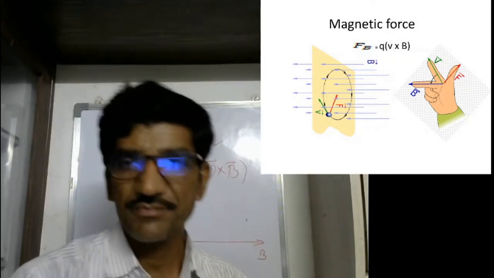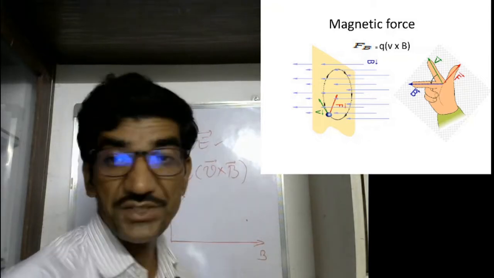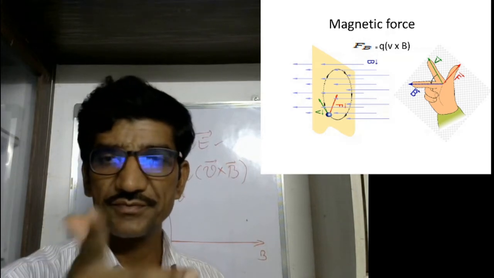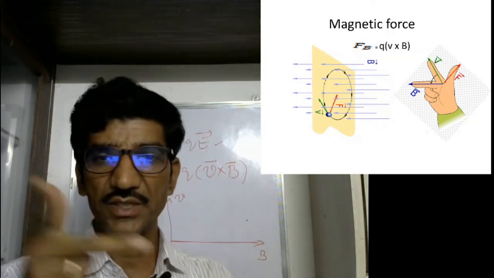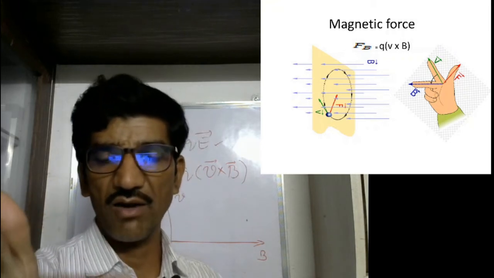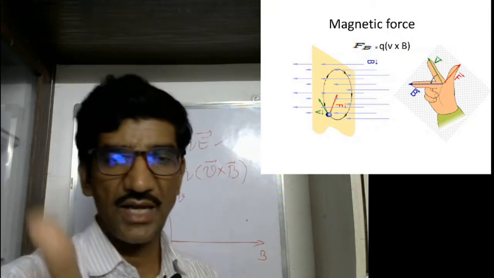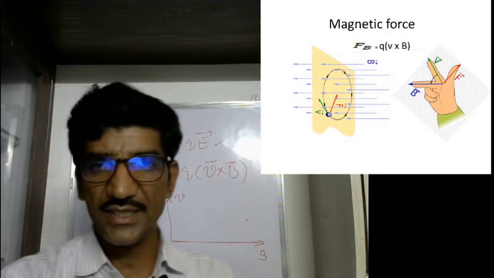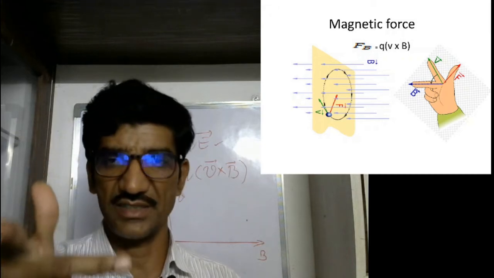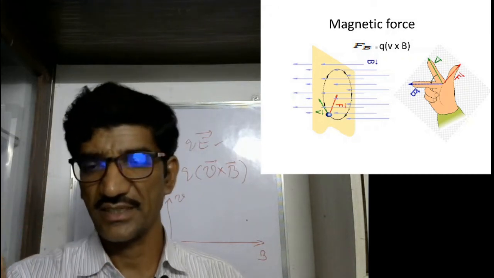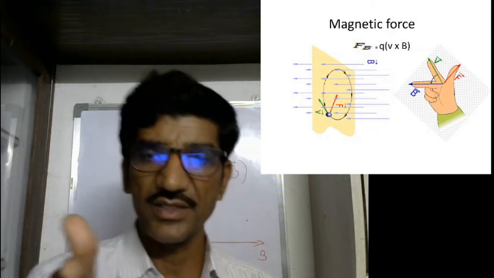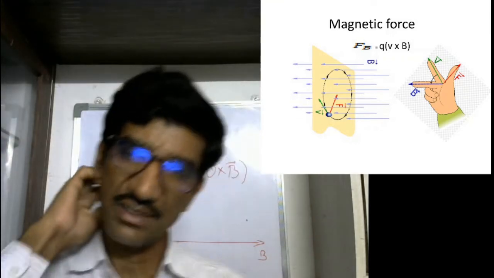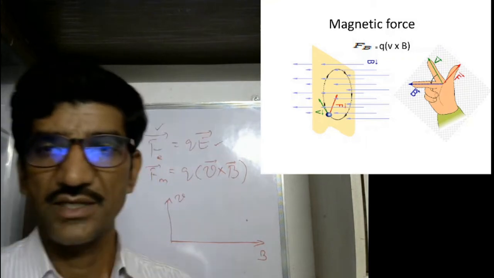You are placing your forefinger along V and the middle finger along B. You are aligning B along your middle finger, you are aligning V along your forefinger, and you are seeing that all the three fingers are perpendicular to each other. In that case your thumb will be pointing the direction of magnetic force.